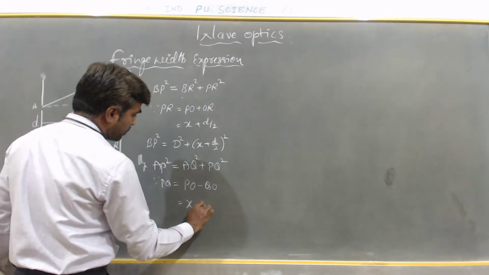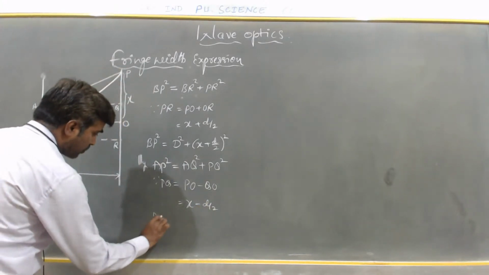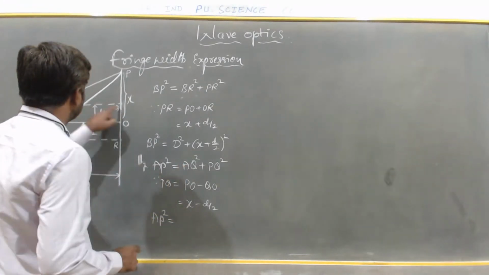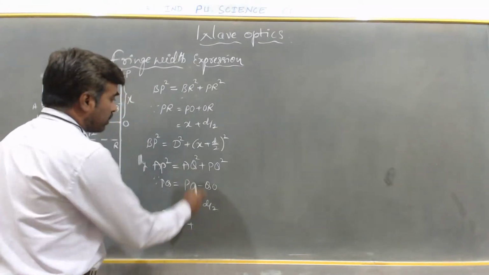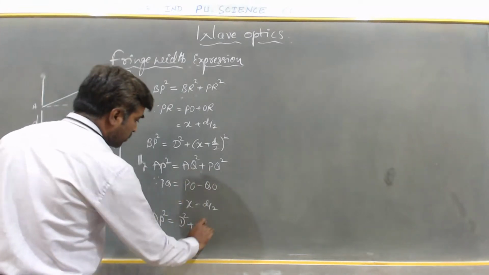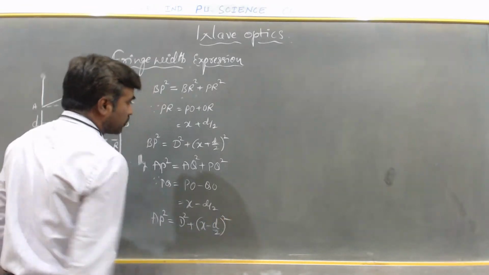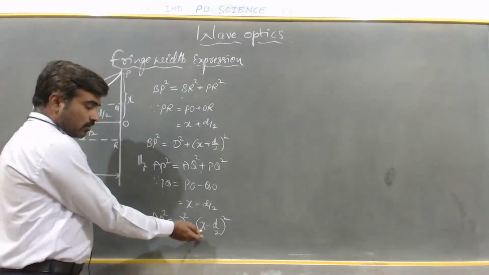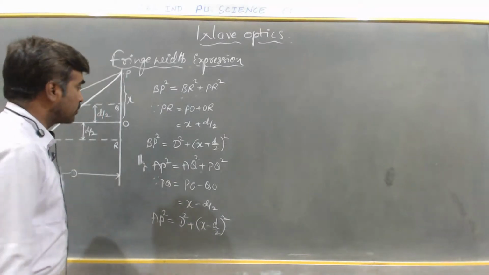PO is x, minus d by 2. Hence AP square equals AQ, which is nothing but capital D, so D square, plus PQ square, which is x minus d by 2 whole square. So these two equations we have discussed in the previous class. This was equation 1 and this was equation 2.